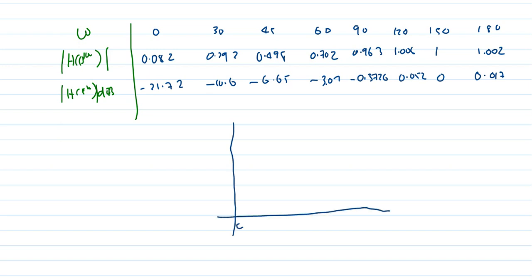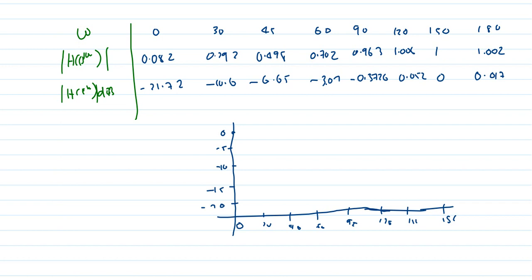Okay, so you need to make a plot like this. From 0 you can put 30, 45, 60, 90, 120, 150 and 180. Here you can have decibels, so it is 0, then minus 5 decibels, minus 10 decibels, minus 15 decibels, minus 20 decibels.